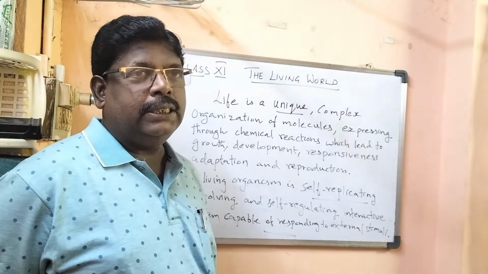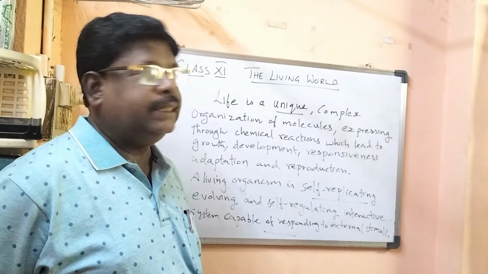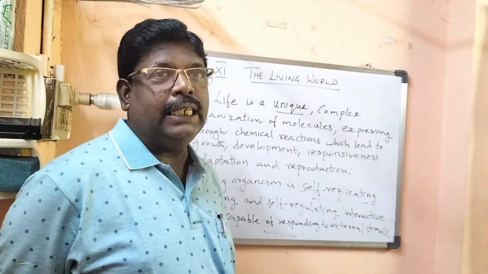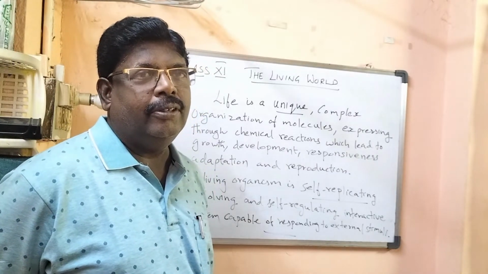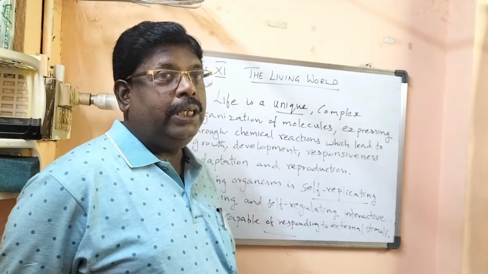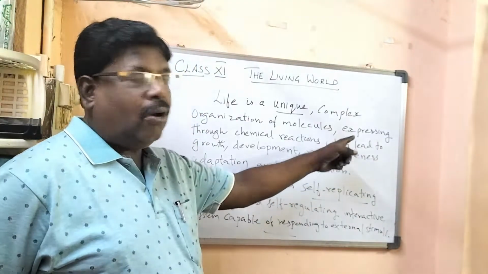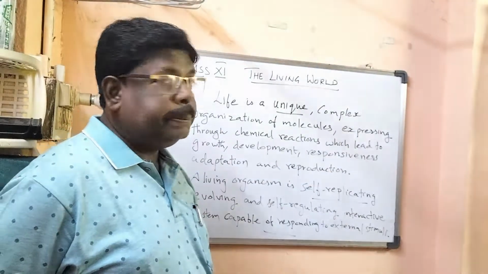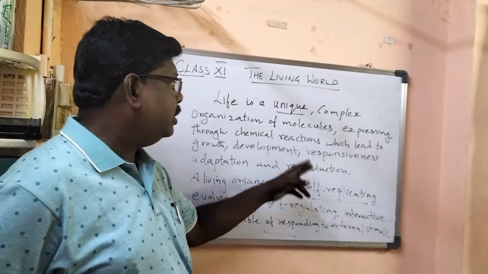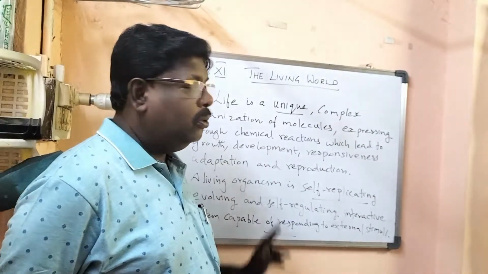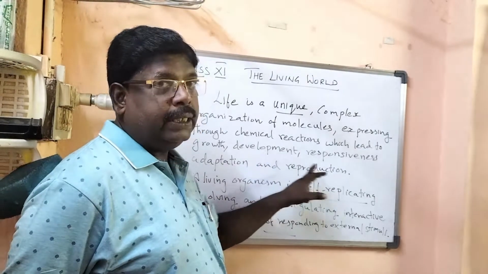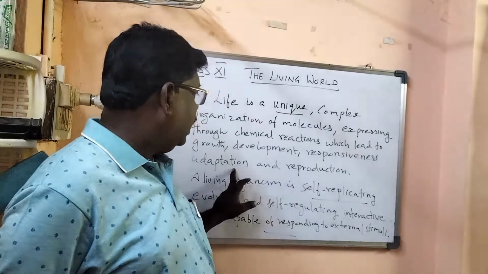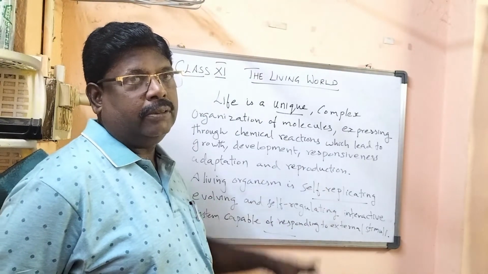So what is a living organism or what is life? Life is a unique, complex organization of molecules expressing through chemical reactions which lead to growth, development, responsiveness, adaptation, and reproduction.